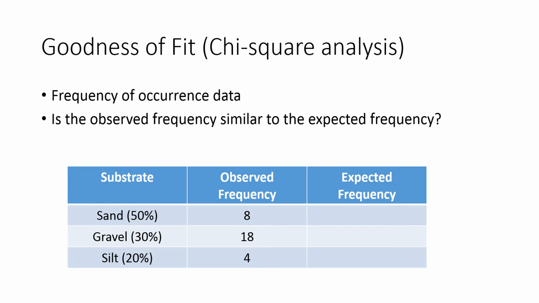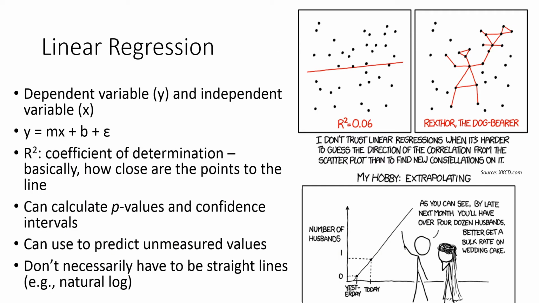So, linear regressions. Linear regressions are something you're going to use when you have continuous variables on both axes. You're generally fitting a line, though you can do nonlinear fits.